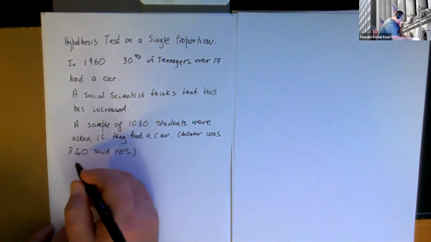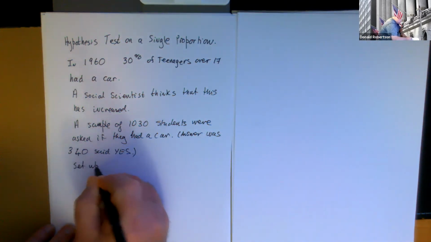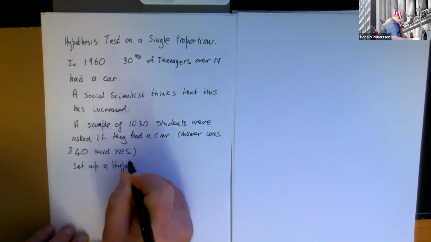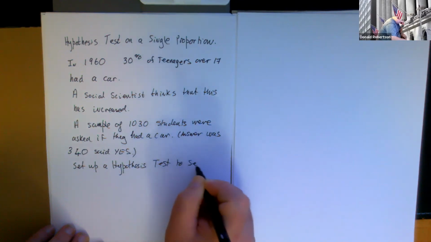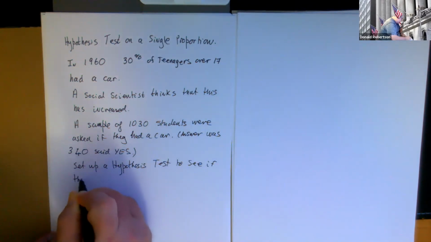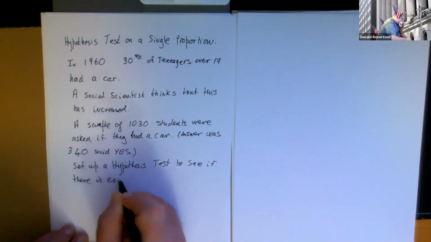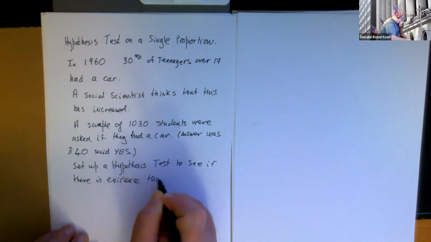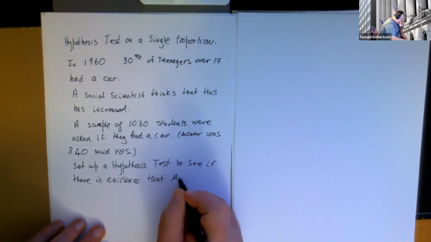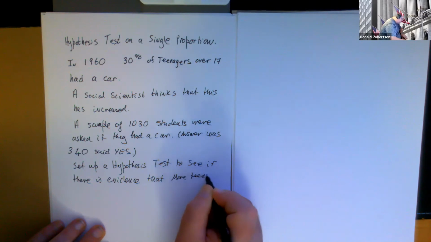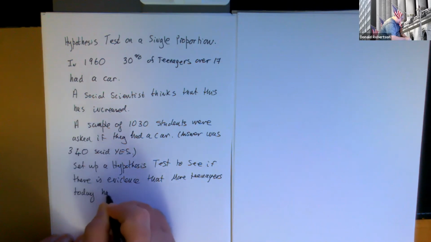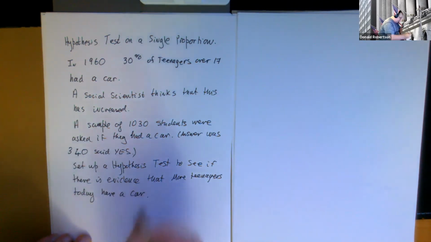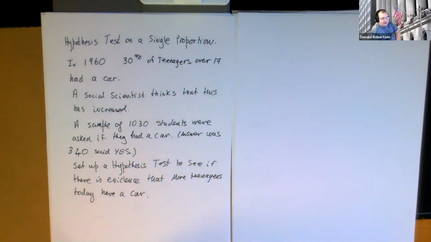And now we're going to set up a hypothesis test to see if there is evidence that more teenagers today have a car. And there should be an extra piece of information at the end of the sentence, or even up here.